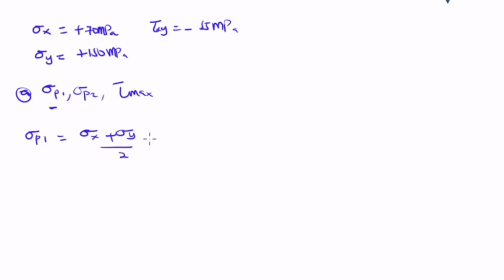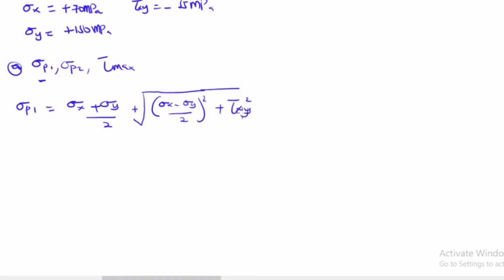Then we have plus the square root of the stress in the x minus the stress in the y all over 2 squared plus we have our tau xy squared.